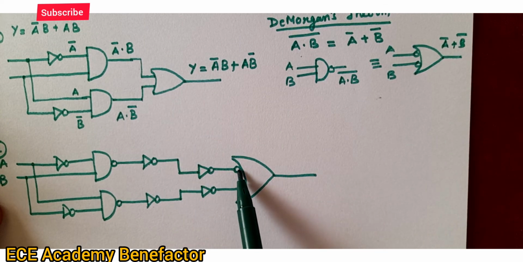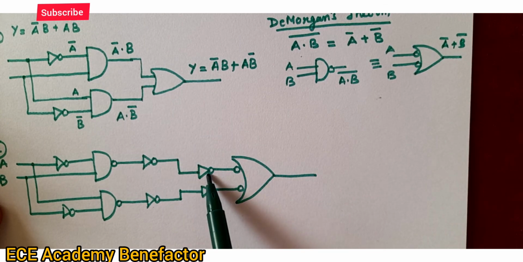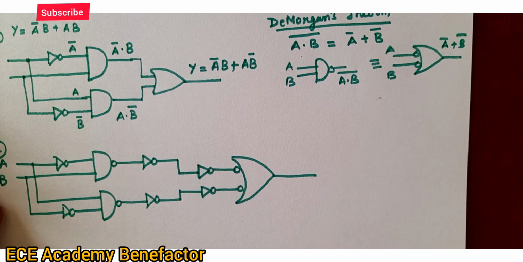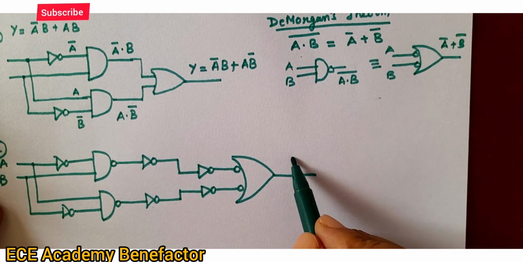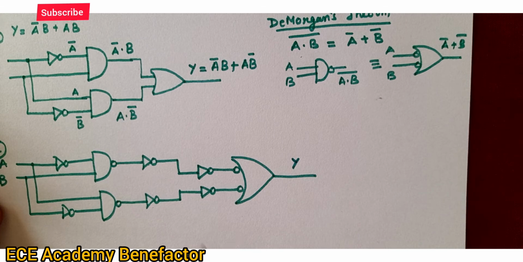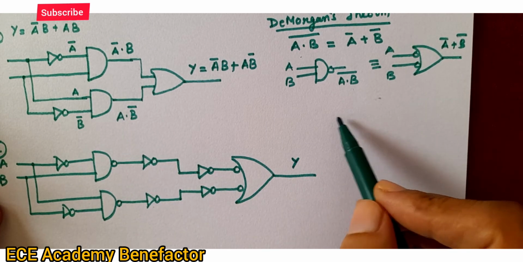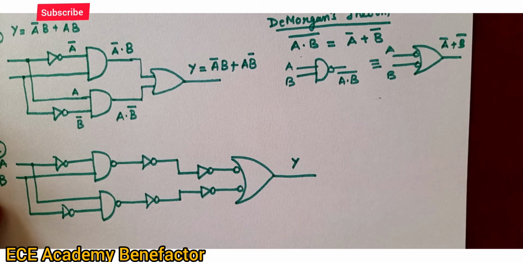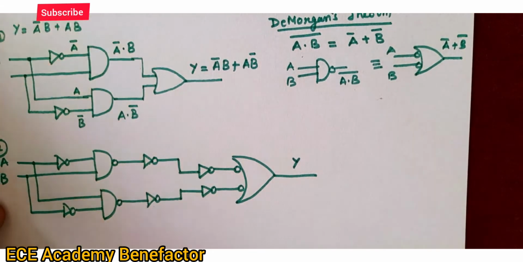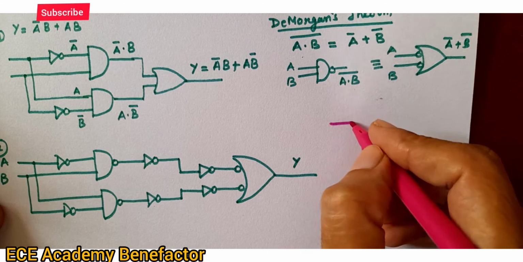So, if I put a bubble, this bubble is to be nullified by a NOT gate. So, I have placed a NOT gate. Okay. So, here you are getting Y. So, this NOT gate gets cancelled. Why? Suppose you are having a NOT gate.